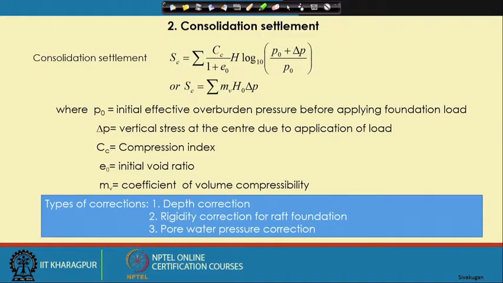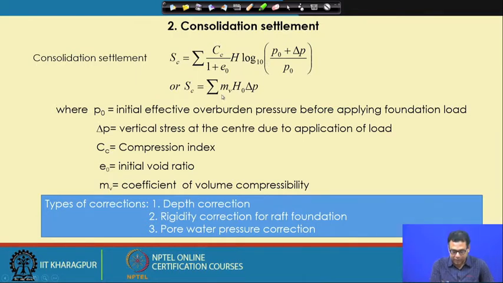I have also discussed the consolidation settlement. These are the two possible ways we can determine the consolidation settlement, depending upon the parameters available. These are the expressions we have to apply for different layers.